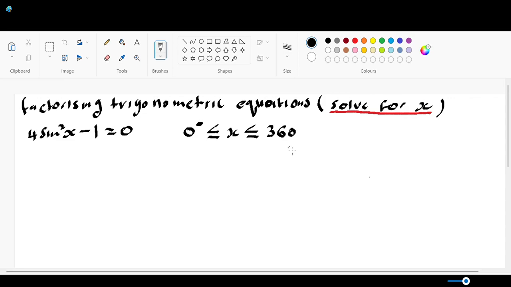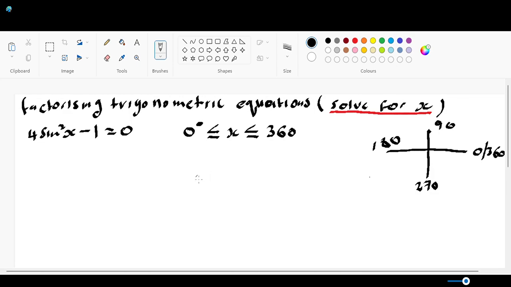So if you go back and look at our CAST diagram, by the way, if you don't know about the CAST diagram, I made a video about it. There's a playlist whereby you can watch where I explain the CAST diagram. So we know that this is 0, this is 90 degrees, this is 180 degrees, and that is 270 degrees, and going back to 360.